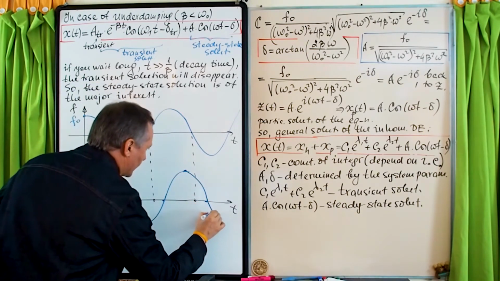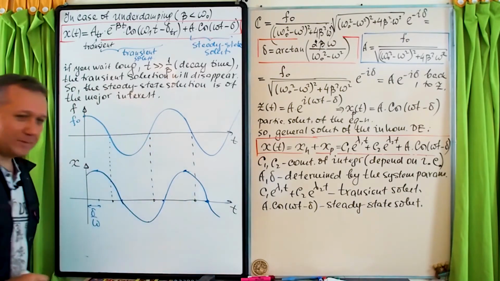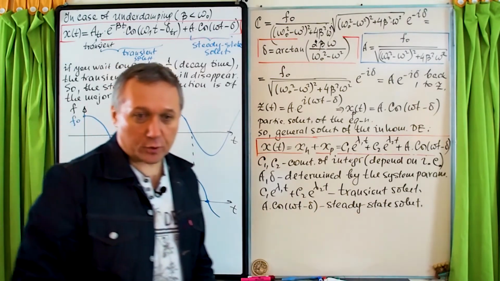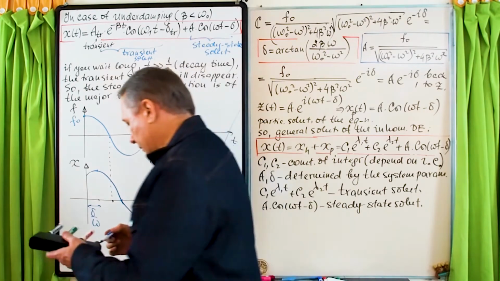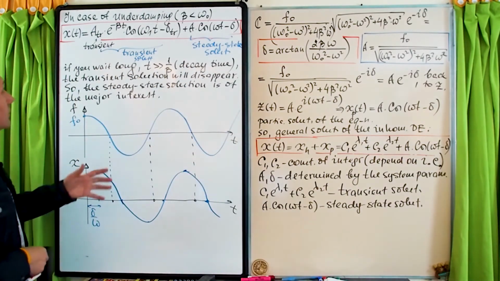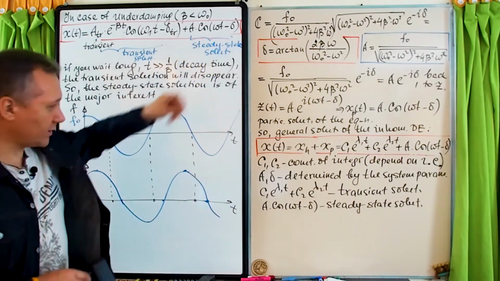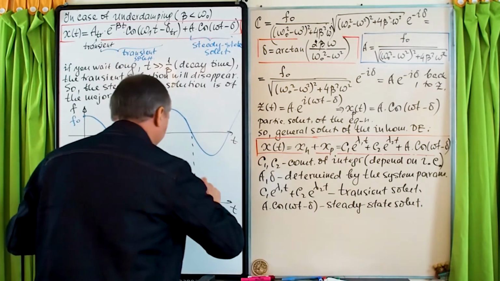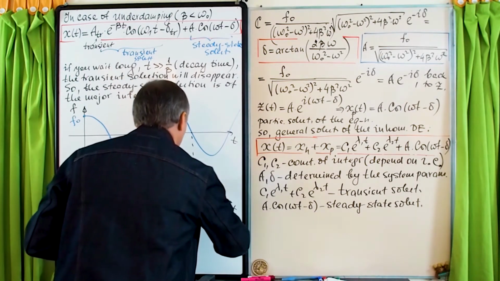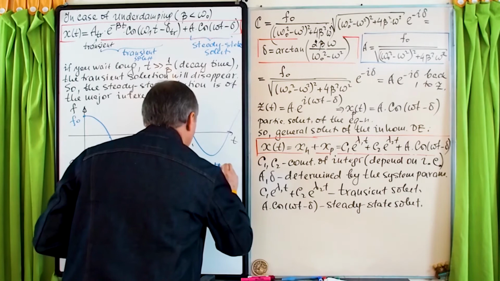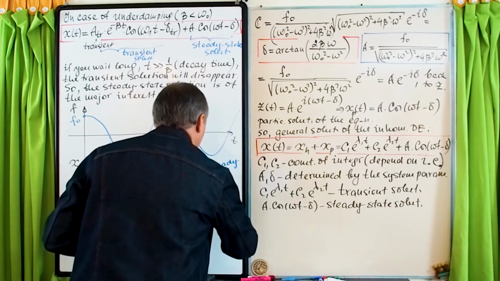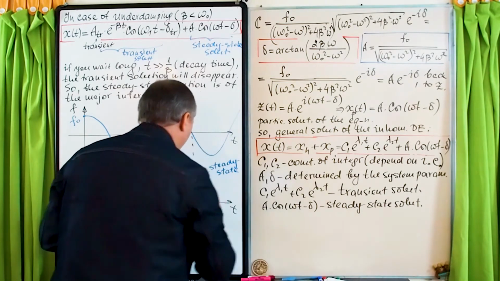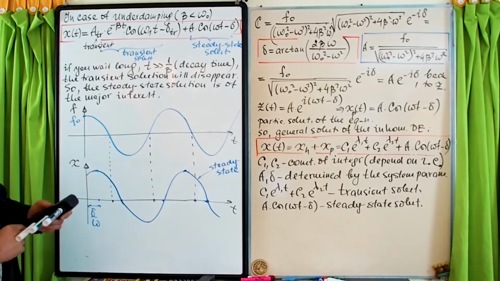Okay, it's distorted, but that's the steady state solution. And now what about the transient?